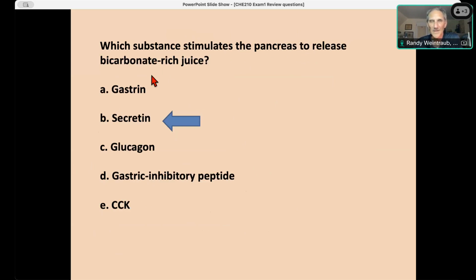Bicarbonate neutralizes the chyme coming out of the stomach into the small intestine. It's very, very acidic in the stomach, it comes out, and secretin stimulates the pancreas to pump in bicarbonate.